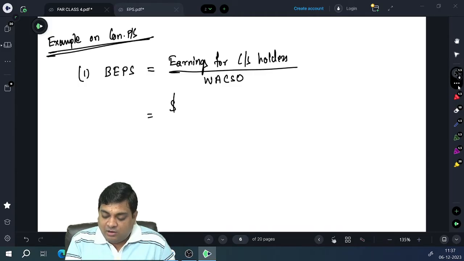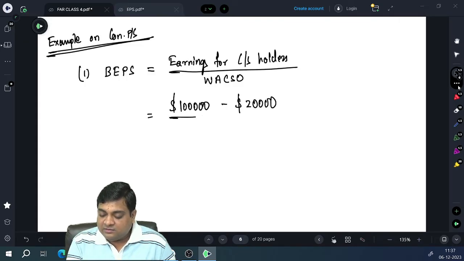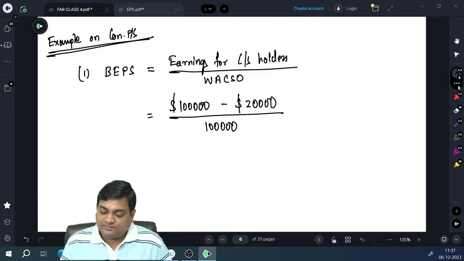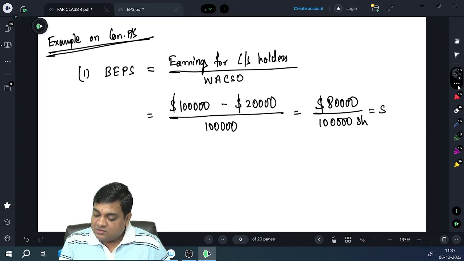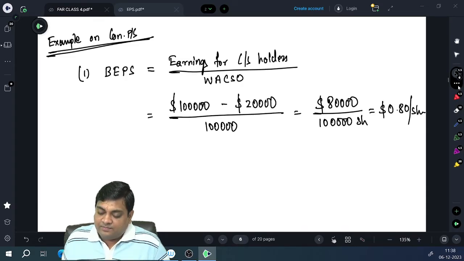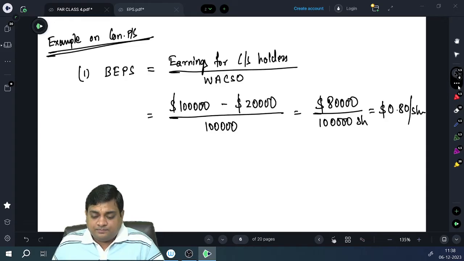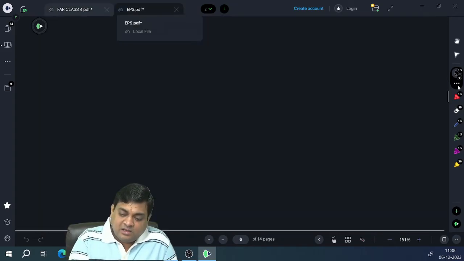So $1 lakh is the net income. From this I'll pay the preferred stock dividend, and the weighted average is 1 lakh. So we are getting 80,000 as numerator, divided by 1 lakh shares. So it is 0.80 per share. Simple. Nothing much to understand here.